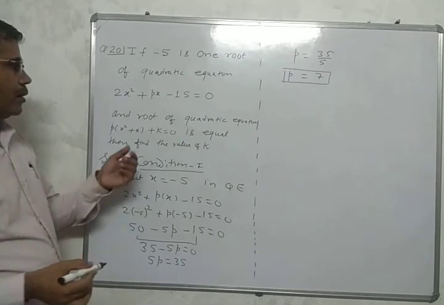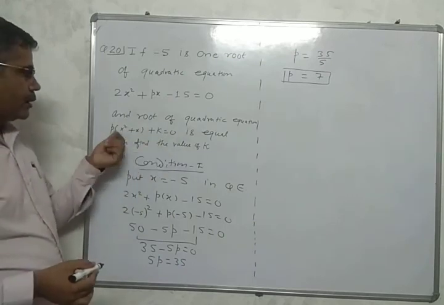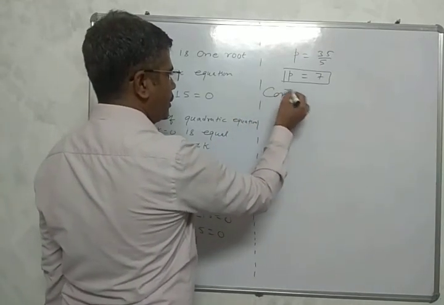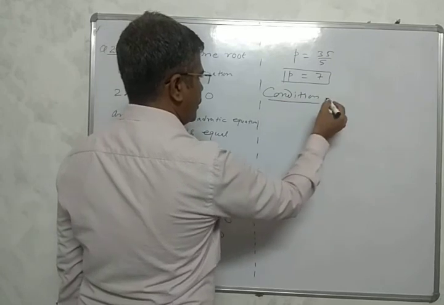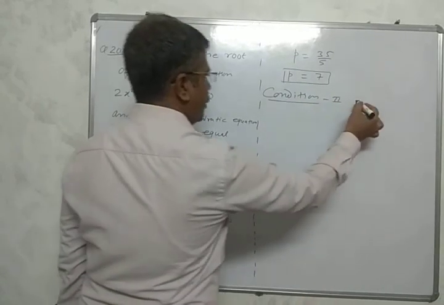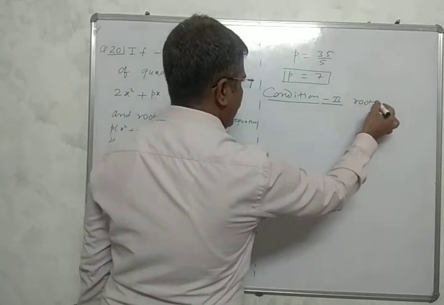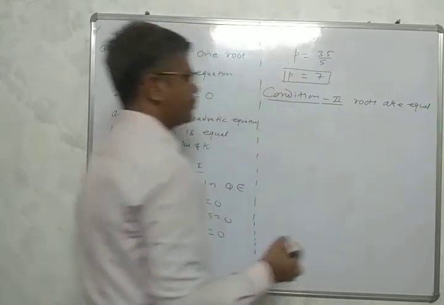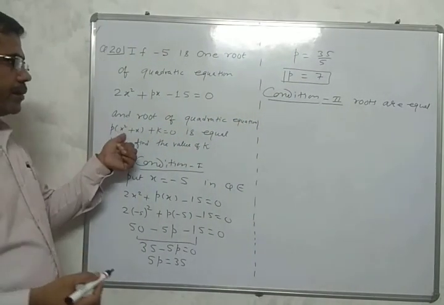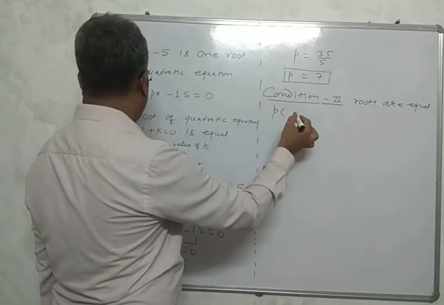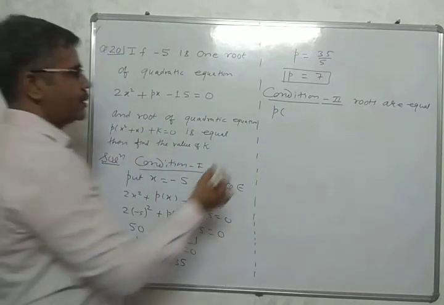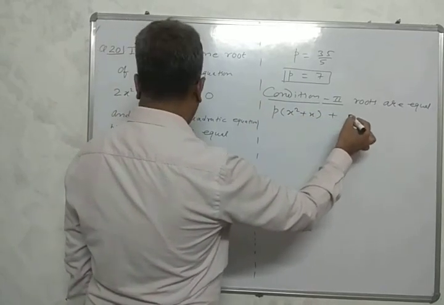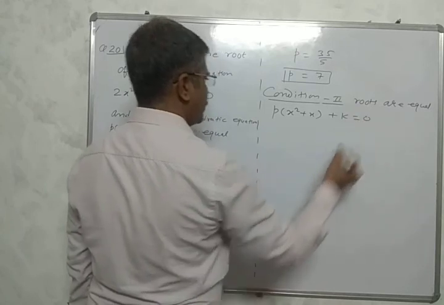Condition second: roots of the quadratic equation are equal. Roots are equal of this quadratic equation: p times of x square plus x plus k equals to 0.